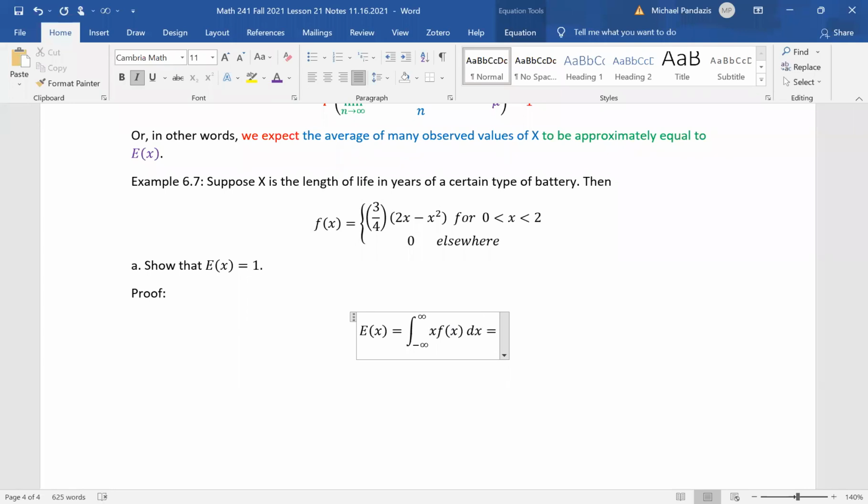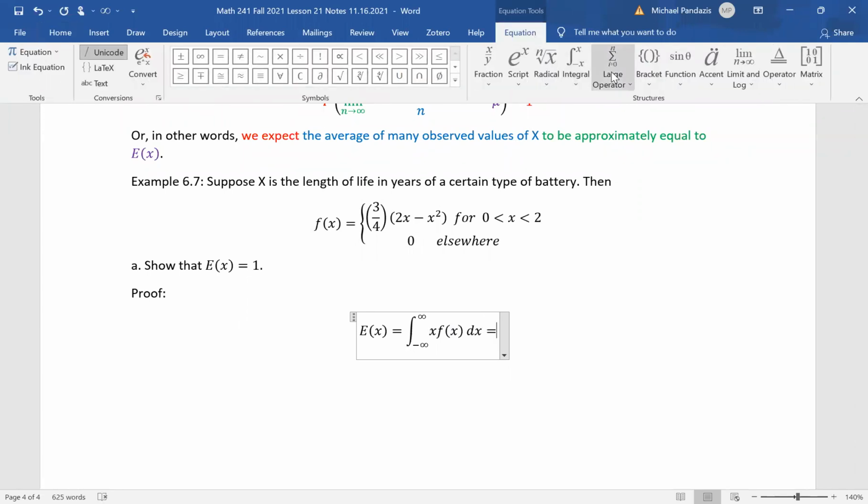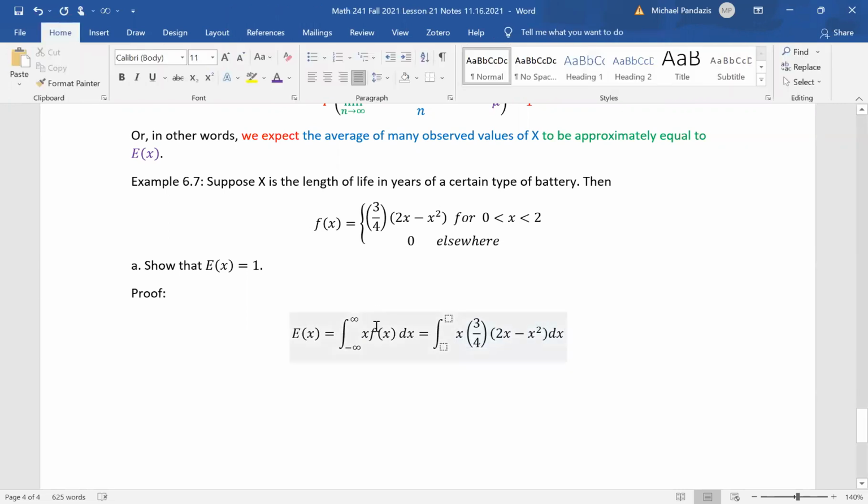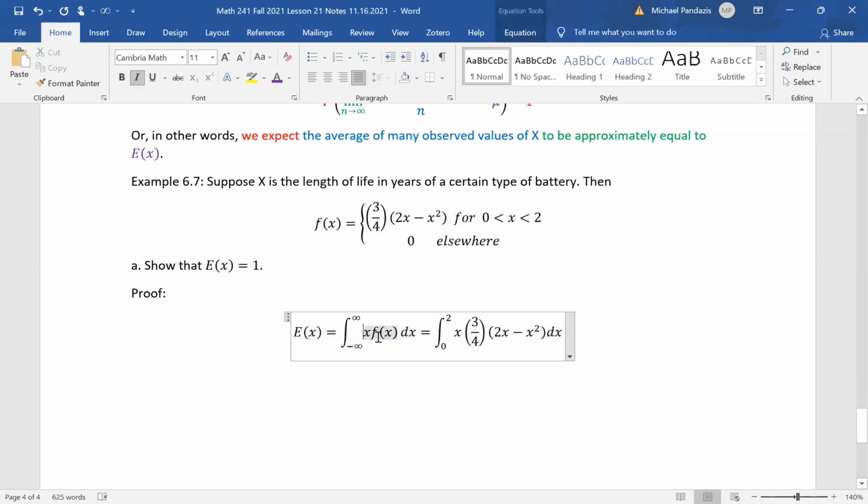But now when you integrate, you have x times f of x dx, but that's only for 0 to 2. So you're integrating from 0 to 2 because f of x is only non-zero from 0 to 2. If you consider everywhere else, the integrand is 0 everywhere other than from 0 to 2. So you still have to integrate from 0 to 2.